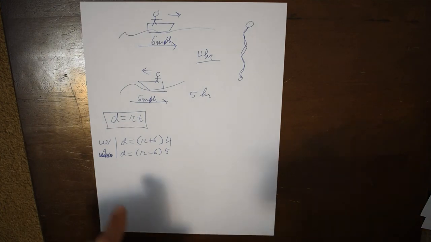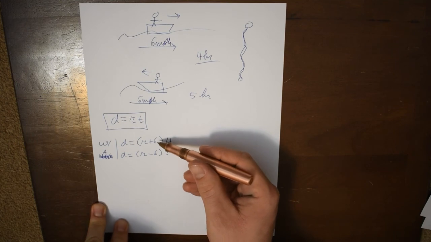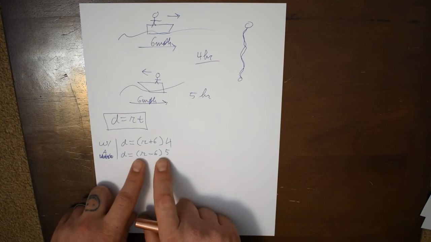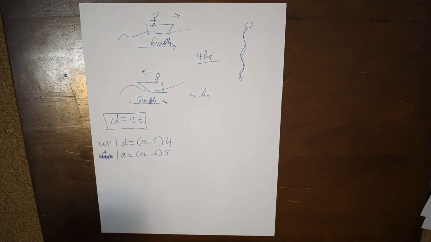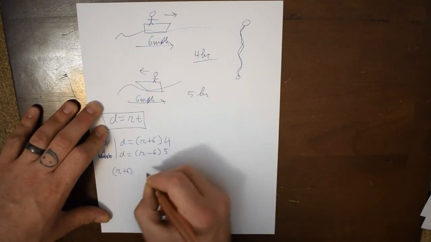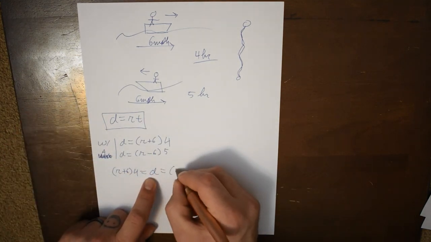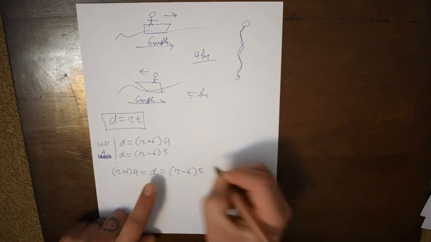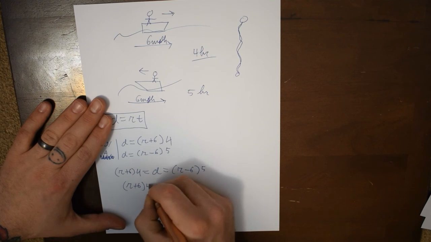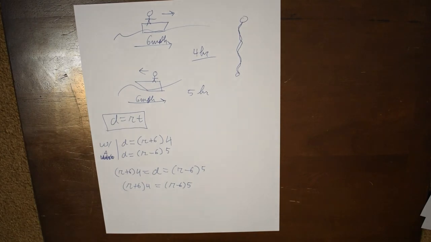So now we have two equations and two unknowns. We know that d is equal to the quantity r plus 6 times 4, and we know that d is also equal to the quantity r minus 6 times 5. So that means r plus 6 times 4 had better equal r minus 6 times 5.